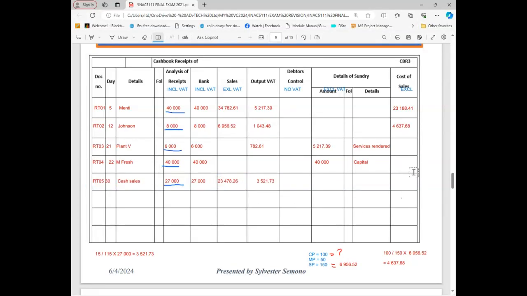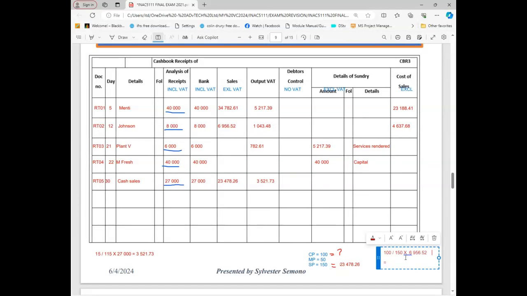Remember, you always calculate cost of sales for any amount that I see under sale. Can you see now here, cost of sales, here, cost of sales, here, I must also have cost of sales. But again, remember, for me to have cost of sales, I must use this amount, 23,000 here. I'm going to change it here. Okay, and use my 23,000 here.